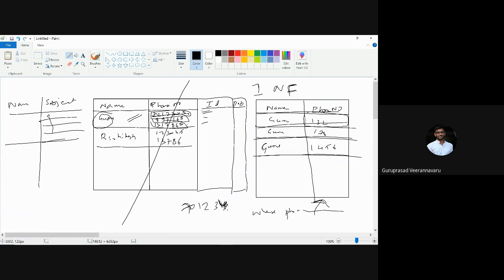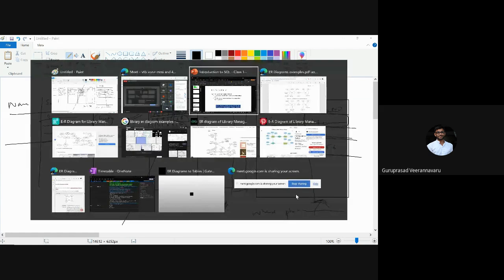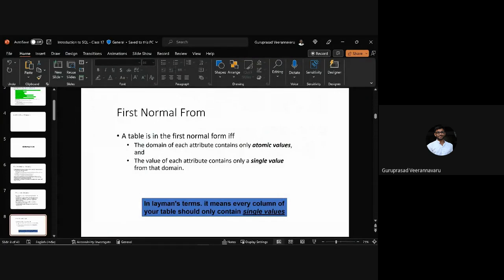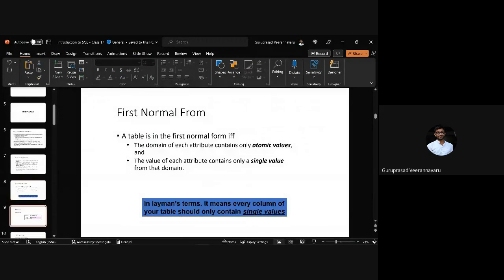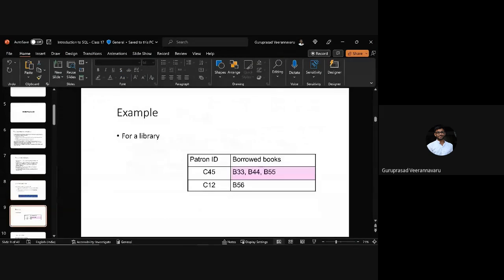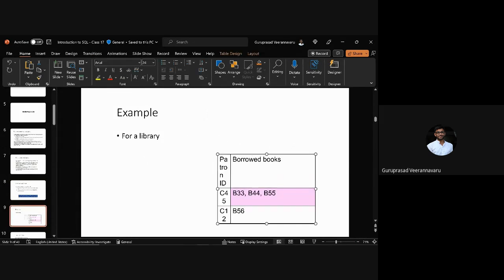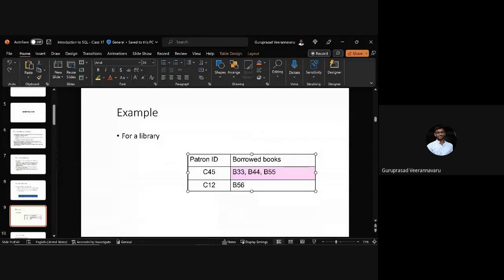Okay, let's see an example. Here maybe this is the user ID, and we have how many books that user has borrowed. Here there are 3 books, and this user has only borrowed 1 book.